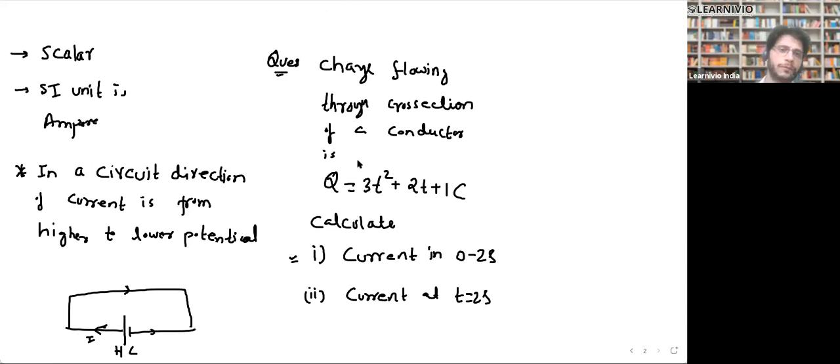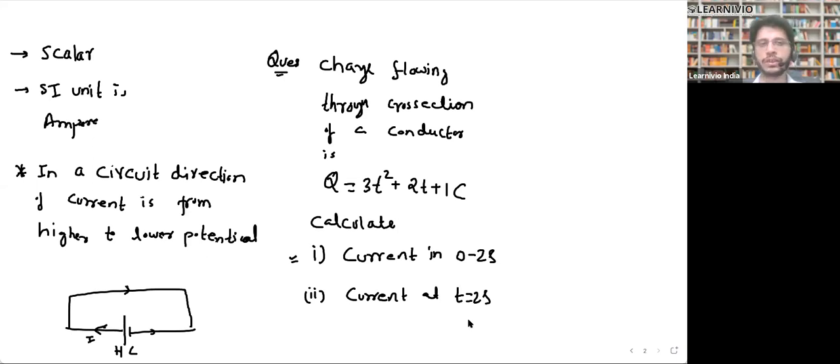First of all, decide whether this is a time instant or a time interval. 0 to 2 is a time interval. So whenever you have a time interval, that means we are calculating average current. But when you have a time instant, then we calculate instantaneous current.